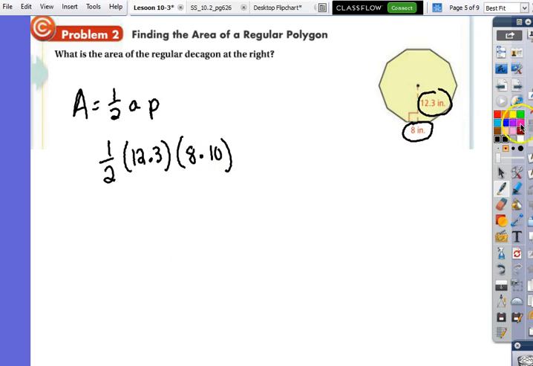So this right here is P. We're just going to plug that in the calculator. When I'm plugging stuff in the calculator, what I use for 1/2 a lot is 0.5. So 0.5 times 12.3 times 8 times 10, and I get 492. My units are inches, so the area would be square inches.